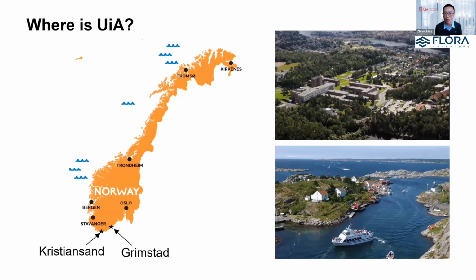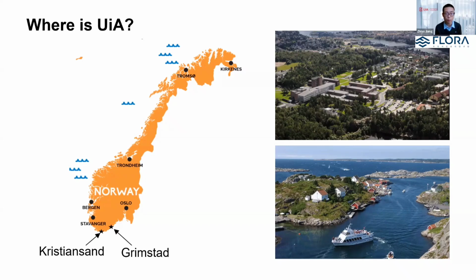So first, one slide about my university. My university in Norwegian abbreviation is called UiA, University of Agder. We are located in southern Norway. As you can see here, there are various big cities identified on this map. And we have two campuses, one in Grimstad and the other in Kristiansand.